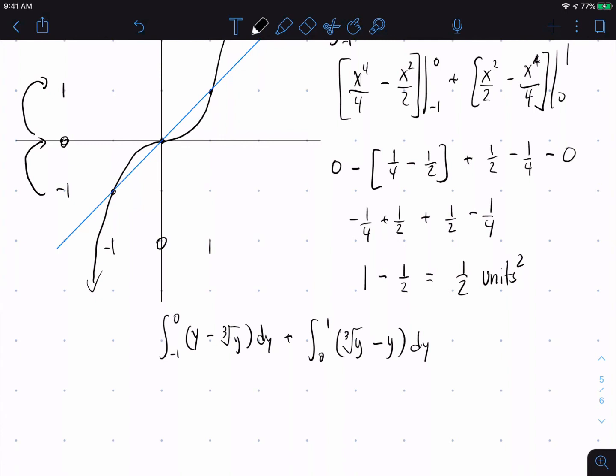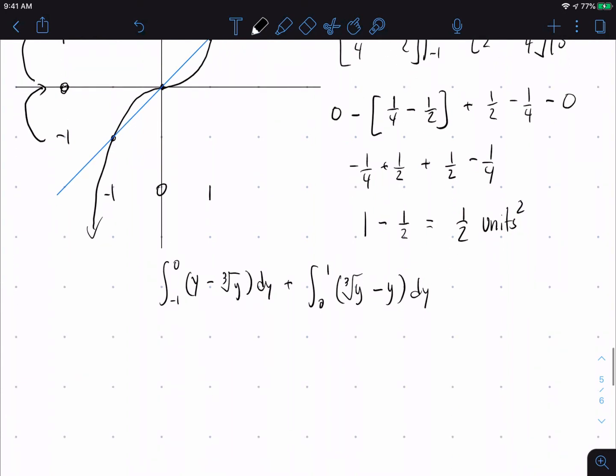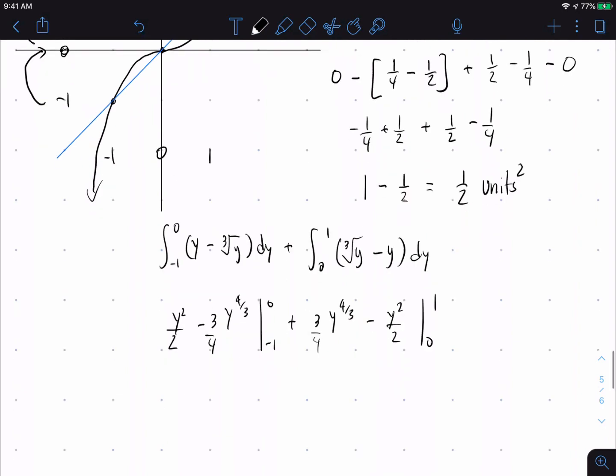Okay. So then when I take the antiderivative of this, or the integral, however you guys want to say it, that's going to be the 1/3. So it's going to become y to the 4/3. So this will be 3/4, evaluated from -1 to 0, plus y to the 4/3 of 3/4 minus y squared over 2 from 0 to 1. And now we have to evaluate this.